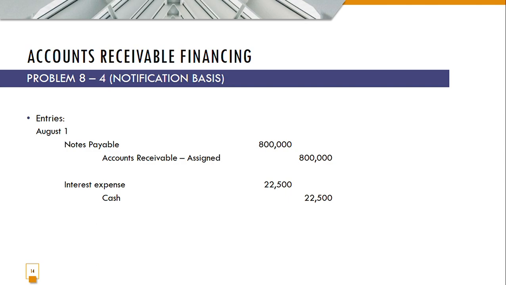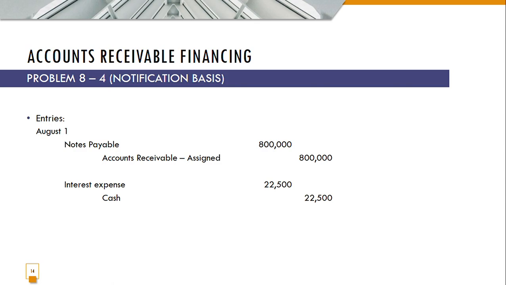On August 1, the bank collected 800,000 of assigned accounts. So it's deducted from your notes payable. You don't record any collection since the bank did it for you. You record, however, the payment of interest amounting to 22,500.